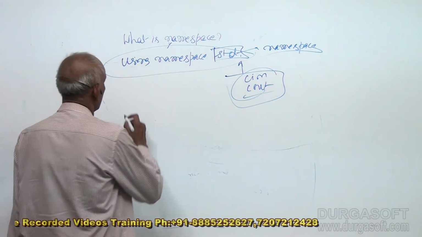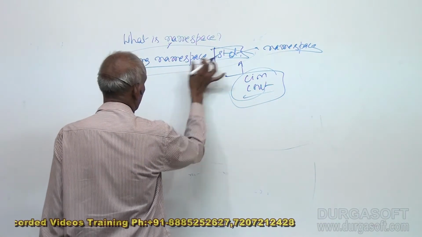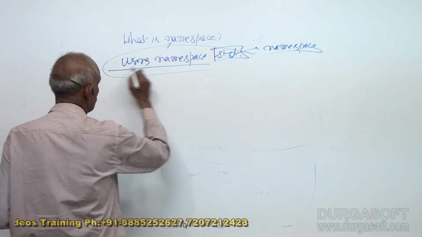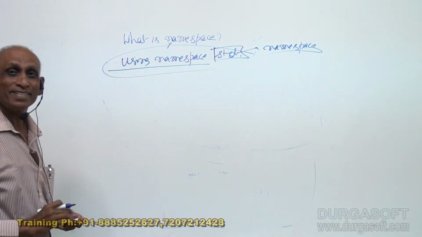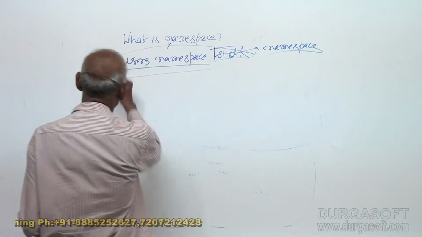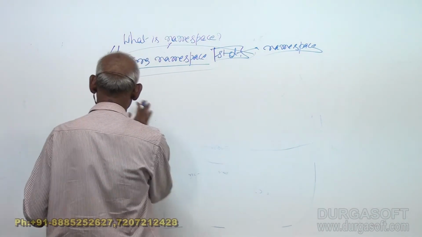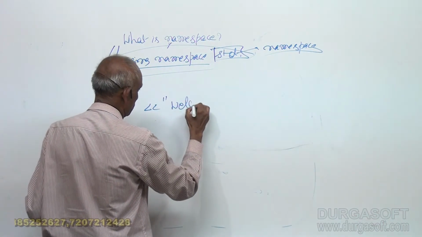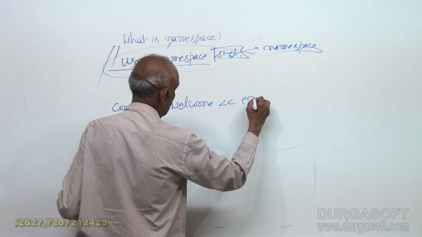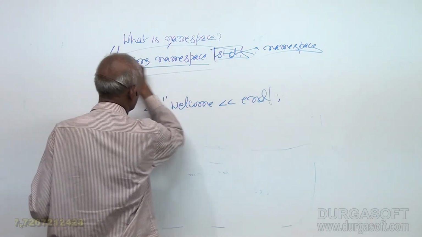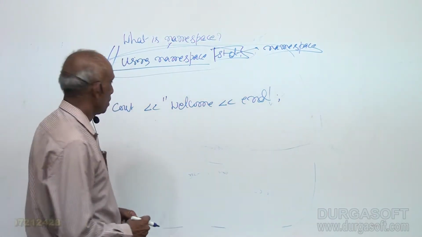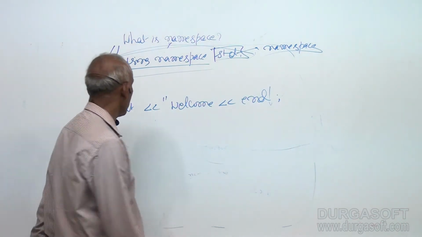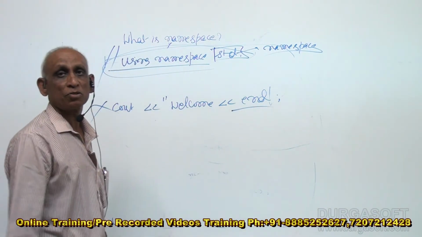So how do you use it? By this statement, using namespace std. That's how you use a namespace. Once you specify this, you go on using cin, cout. Suppose you don't specify, suppose you comment it out, then if you write cout welcome endl, without the statement using namespace std, the compiler says cout not defined, endl not defined in the scope.